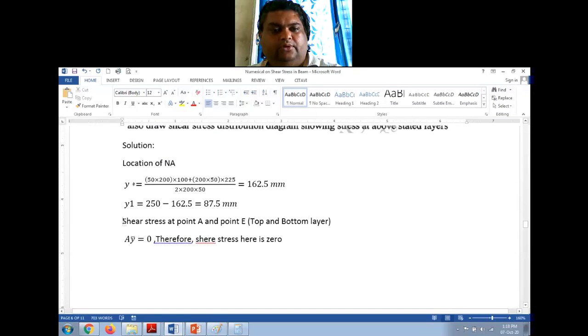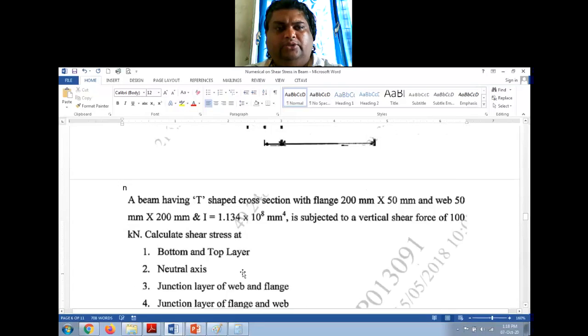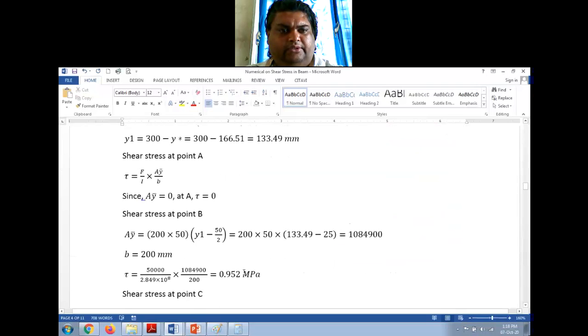So I'll just copy this at point B. Now shear stress at any point is given by, where is our formula? This one.